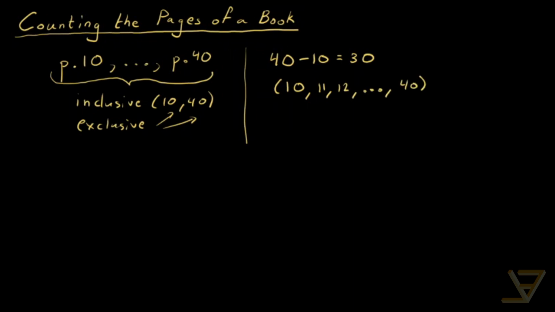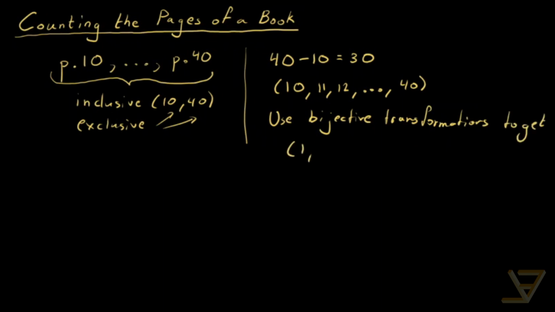And the idea is to use bijective transformations to get something that looks like 1, 2, 3, all the way through n for some n. And then you'll know that the answer is n because you're counting 1, 2, 3, all the way through n. So let's see what transformation we can use here.